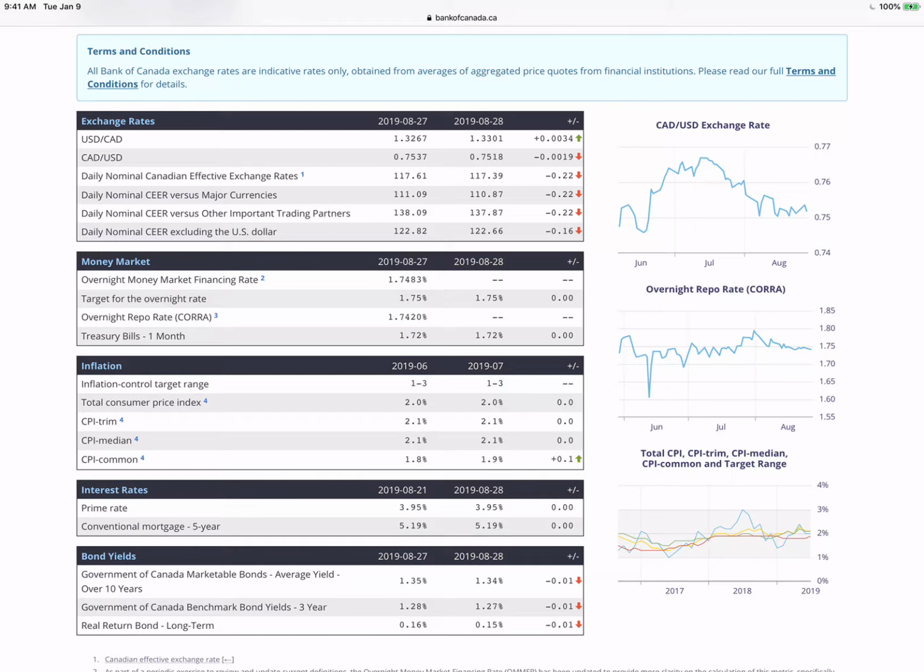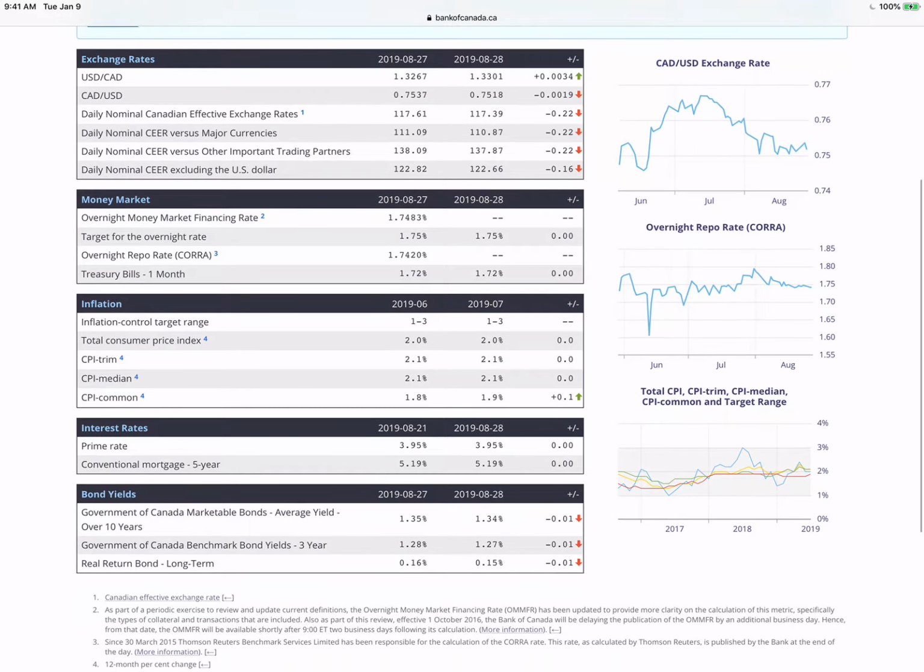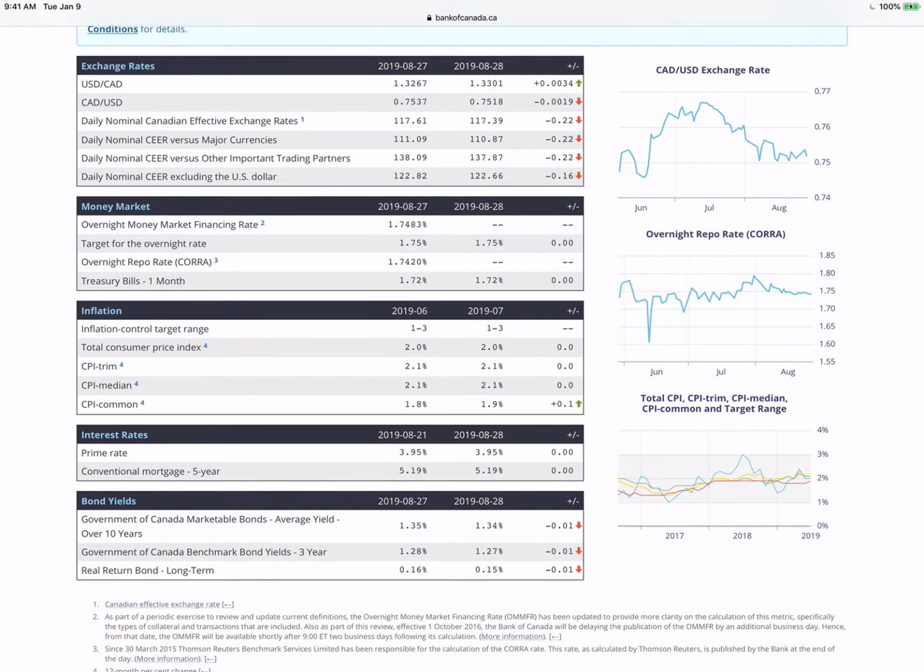So it's always 0.25% higher than the overnight target rate. So if the overnight target rate is 1.75, banks borrow from each other at 1.75. If a bank wants to borrow from the Bank of Canada, they do so at 0.25 more, which is 2%. Now, when you go and you borrow money, likely you're paying the prime rate, that 3.95, and you'll notice that's higher than the 1.75 or the 2%.